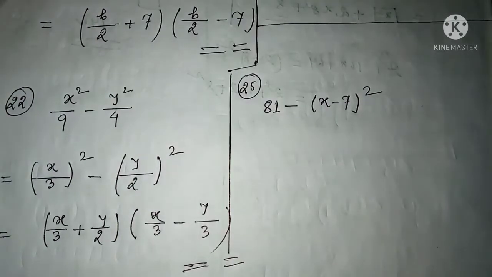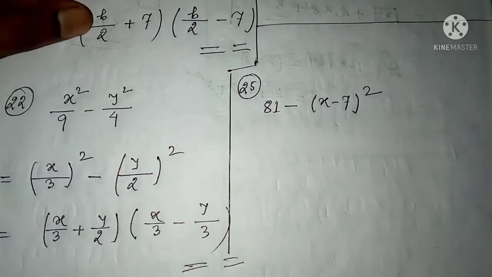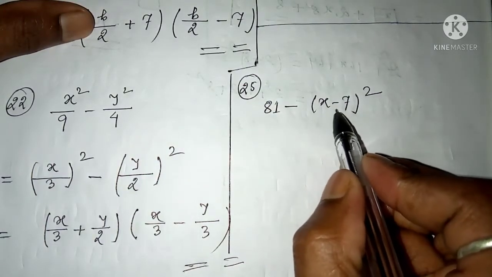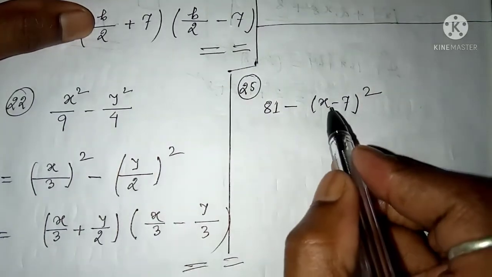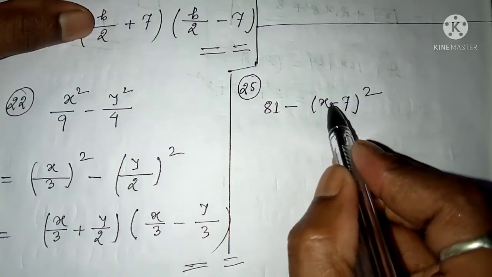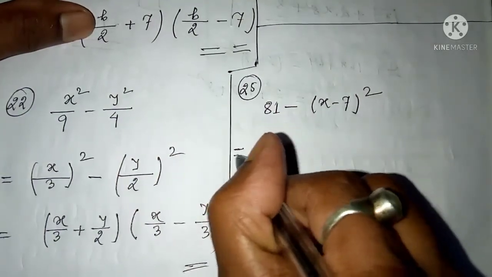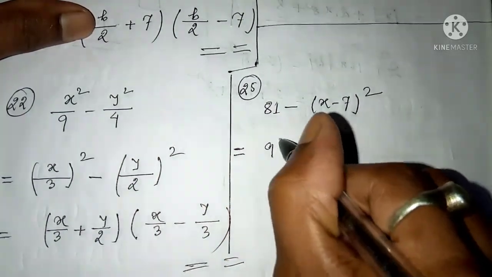Now see, this is our 25th question, that is 81 minus x minus 7 whole square. Now see, don't get confused here. Wherever there is this x minus 7, consider it as one term. Like we have a square minus b square, we'll consider x minus 7 also as one term. Then very simple, this 81 can I write as 9 square.